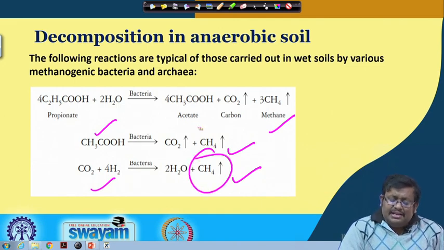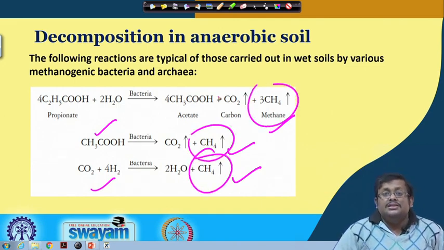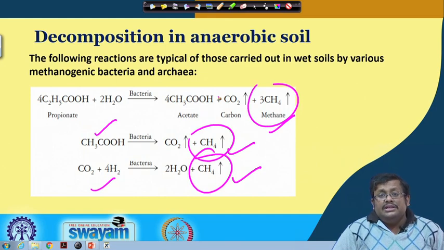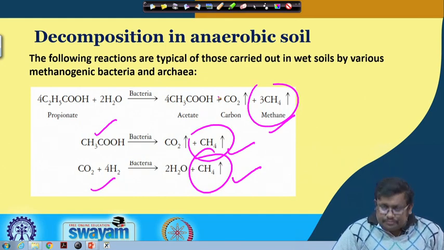This methane is a very notorious greenhouse gas, which increases the greenhouse effect on our earth. So, obviously this anaerobic decomposition is not environmentally friendly per se, but this methane can also be used as an energy source.